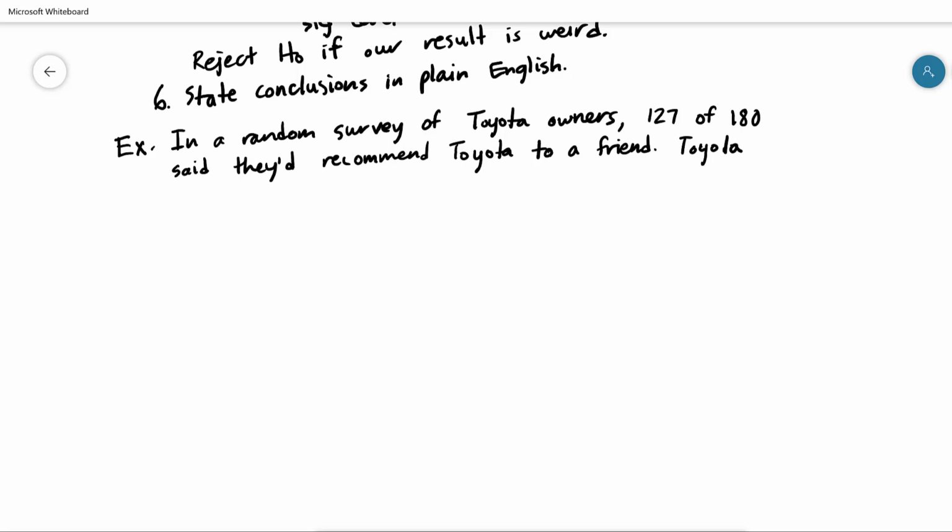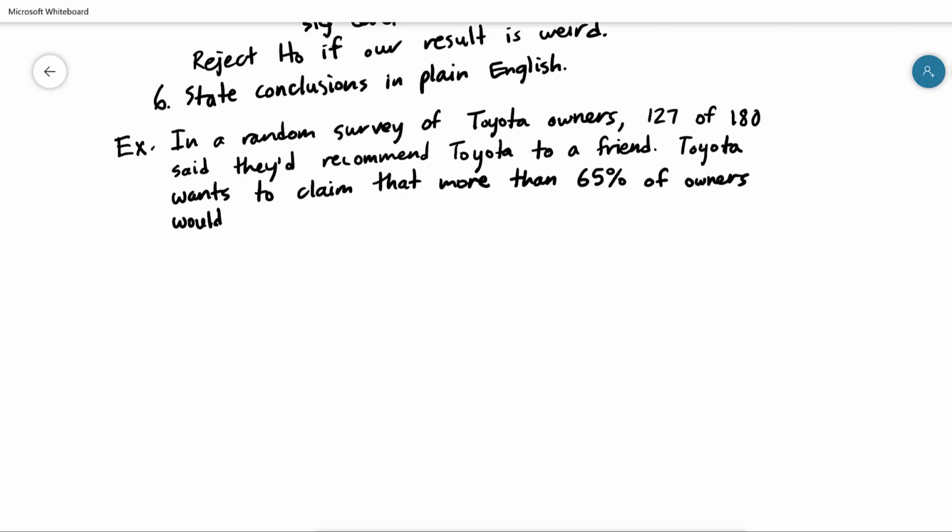Toyota wants to claim that more than 65% of their owners would recommend Toyota to a friend.